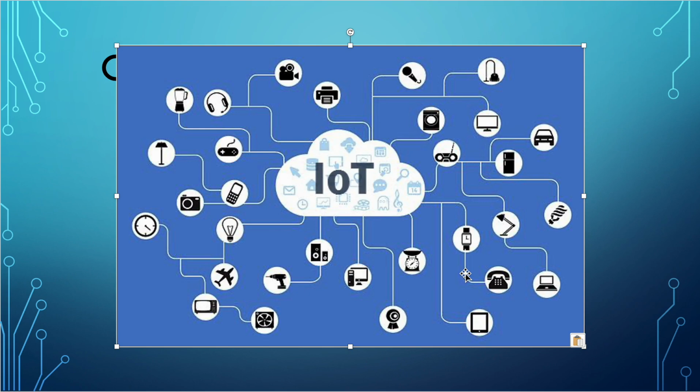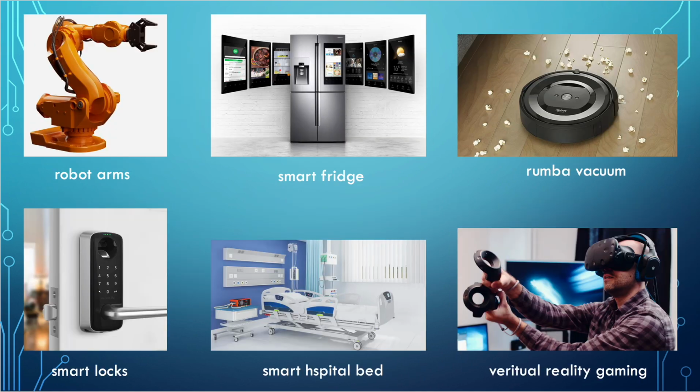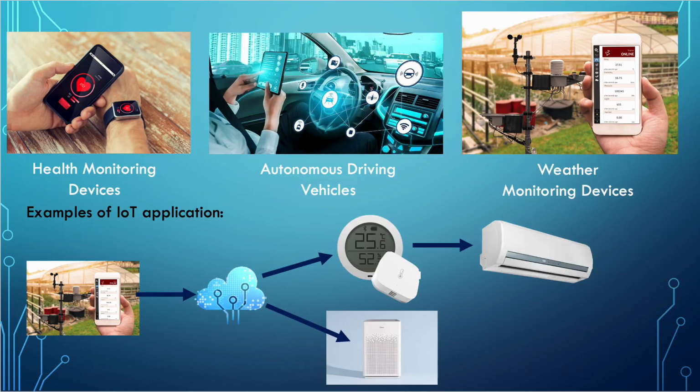Now, as we have checked what the devices are, let's see how these devices connect to each other and make IoT, and how IoT helps humans to be more productive, to be more efficient, and how humans take help in automating things from IoT, right?